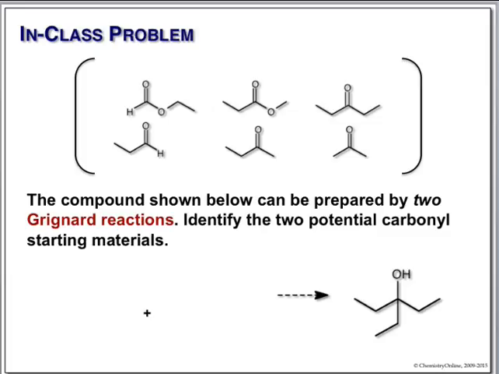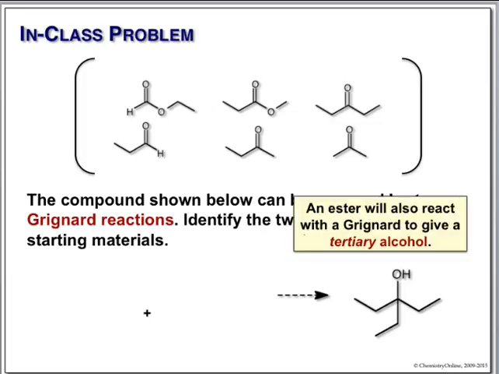So what we have to do is split off 2 chunks around our tertiary alcohol. Split off 2 chunks, and these were the Grignard reagent that we just added. So, what ester in our selection here do we want?